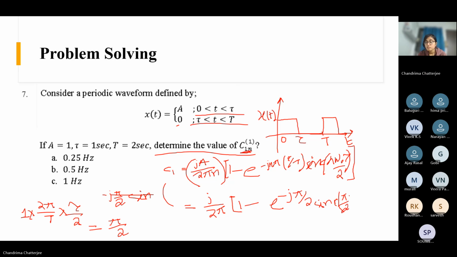Okay. Here the correct answer would be 0.5 hertz.